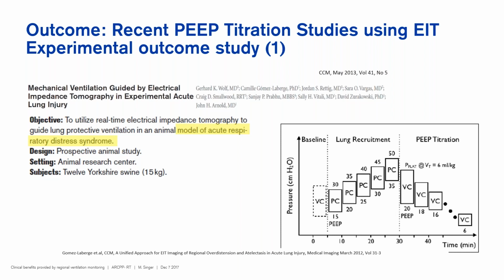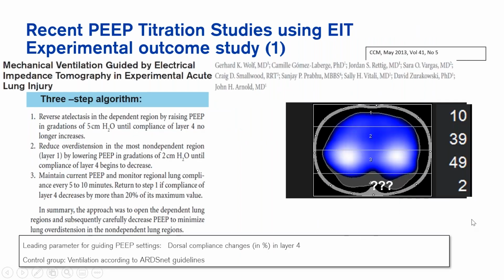What they have done, they have performed incremental lung recruitment, and then they performed the decremental PEEP titration. So we can see basically their protocol of recruitment and then the protocol of PEEP titration.